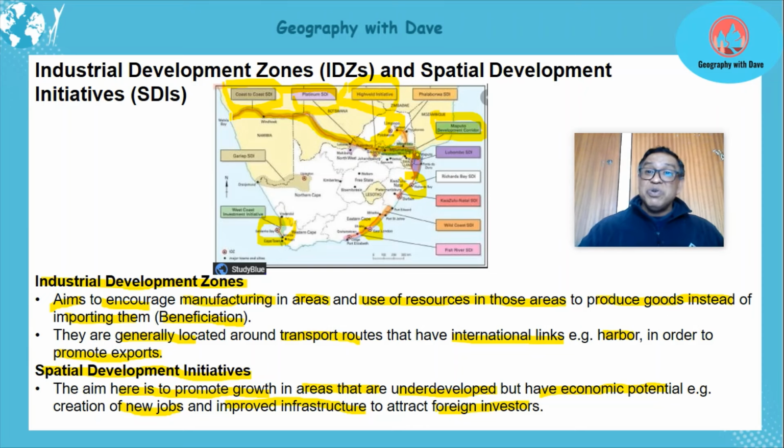So it's corridors also, that's what the spatial development initiatives are known as. It's covering an area that will have development, so you can see it's spread out. And it's one form also, because earlier in your lessons, when you did the core industrial regions, you found over 80% on the PWV, where development was happening.